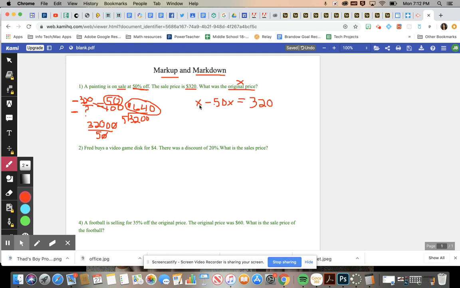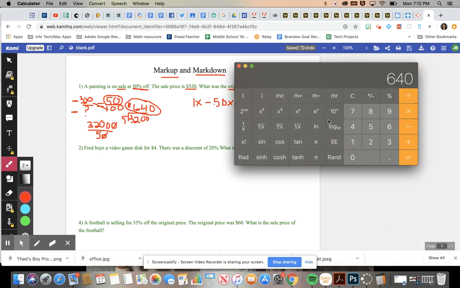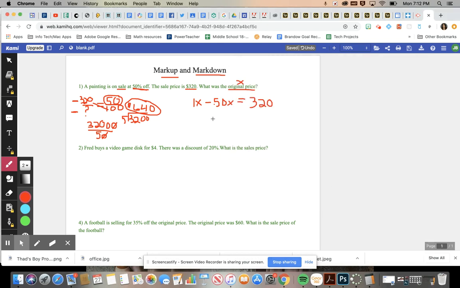Okay, and this, if there's no number in front, remember, we can write that as a 1. So if I said 1 minus 0.5 or 0.50, that is 0.5, we'd have 0.5. I could put the 0, but I don't need it. X equals 320.